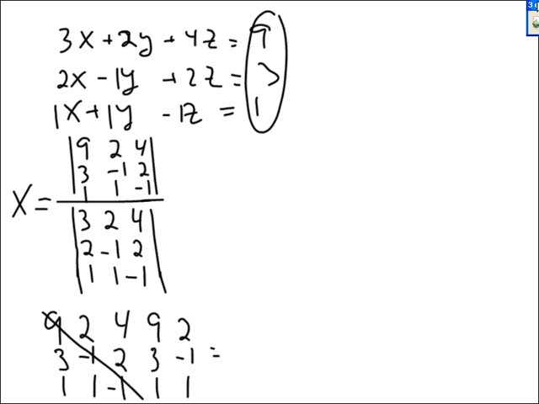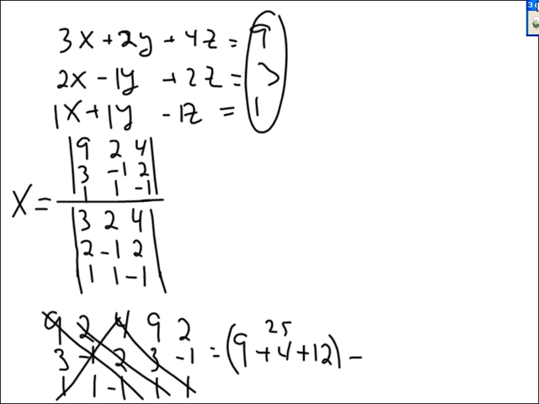We get 9 plus 4 plus 12. We get 25 minus -4 plus 18. You have to know how to multiply. -6.